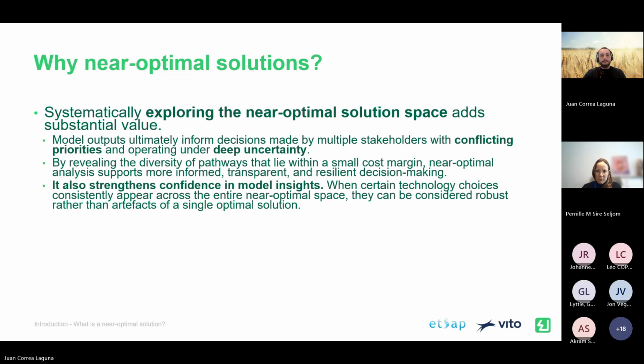So we will explore systematically the near optimal space or solution space. Why? Because there are conflicting priorities. Again, from our experience, industry and government also have models that are pointing to different solutions.